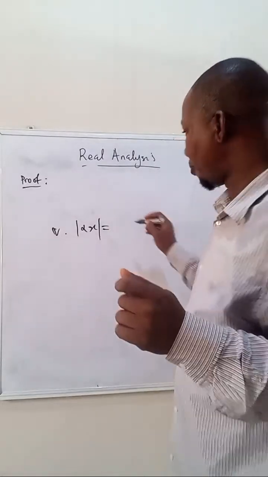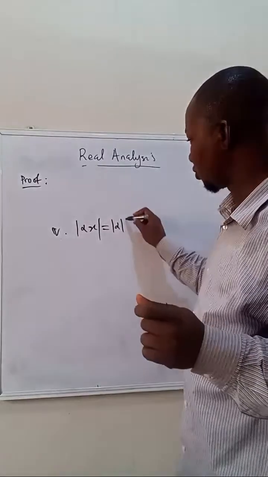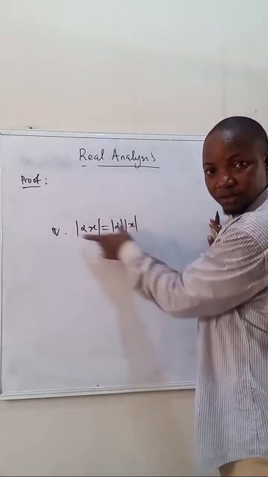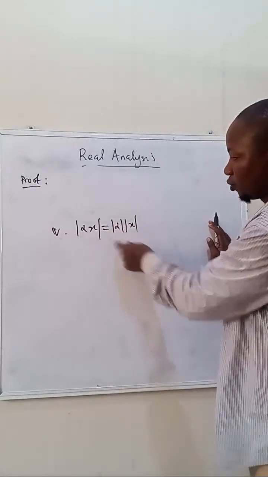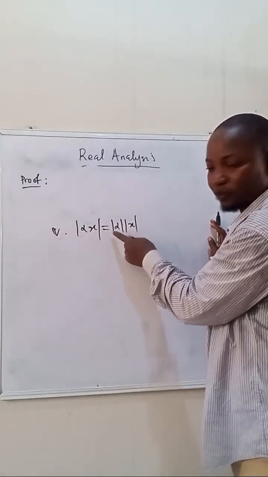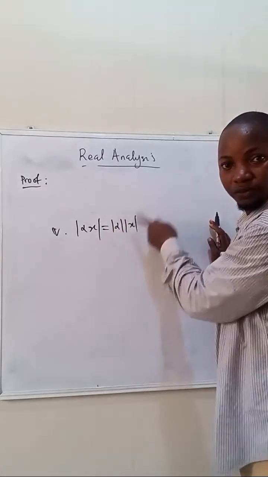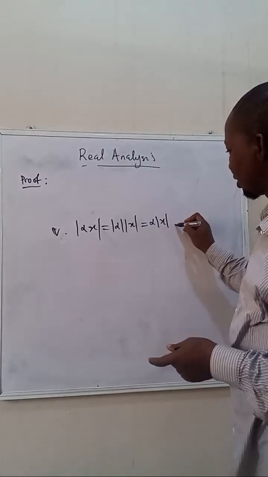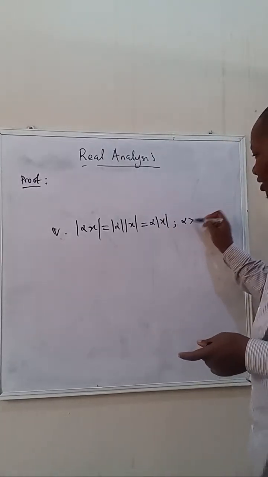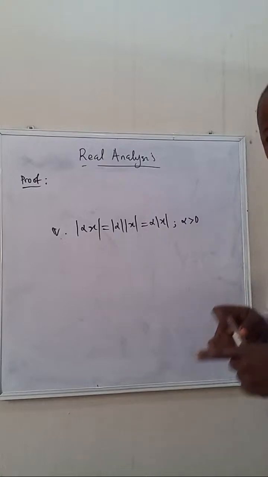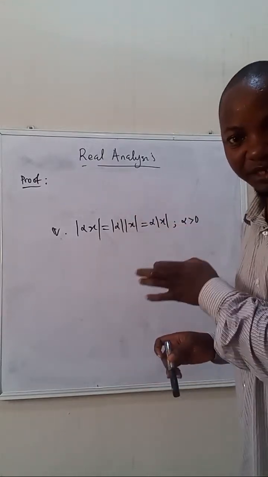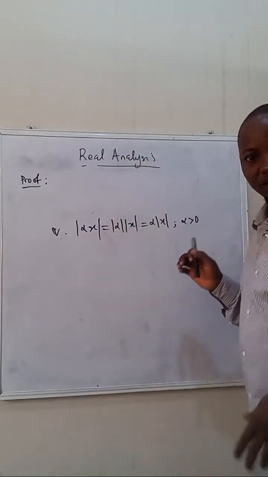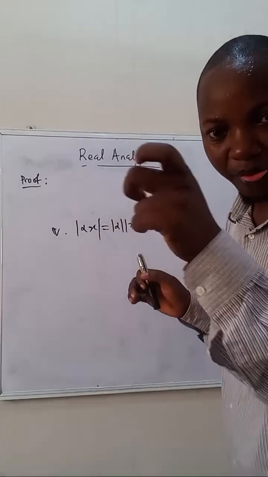But by the properties of absolute value, we can split this on this. Now, if I want to write this alpha without this absolute value, this means that this alpha is positive. The reason is that I'm removing this; by removing it, it is positive.